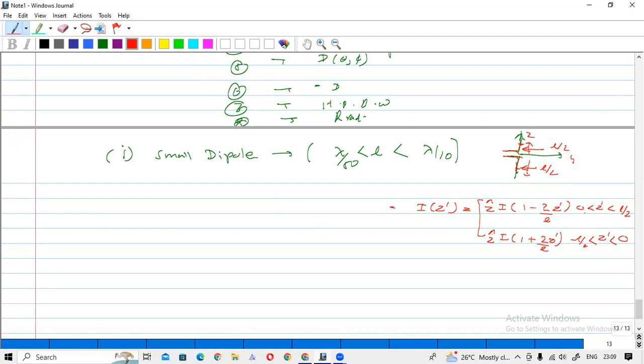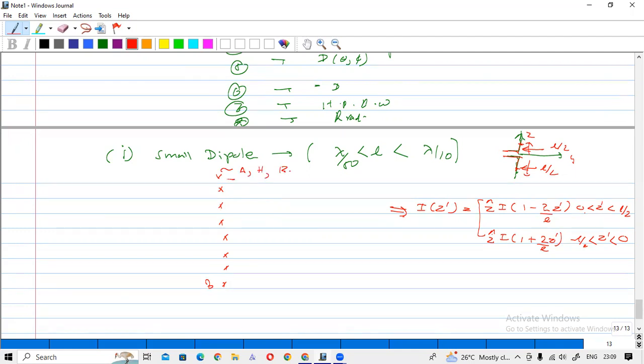So if you are given this current distribution, you should be able to calculate all these 8 parameters. Before that, you have to calculate the magnetic vector potential, H field and E field.